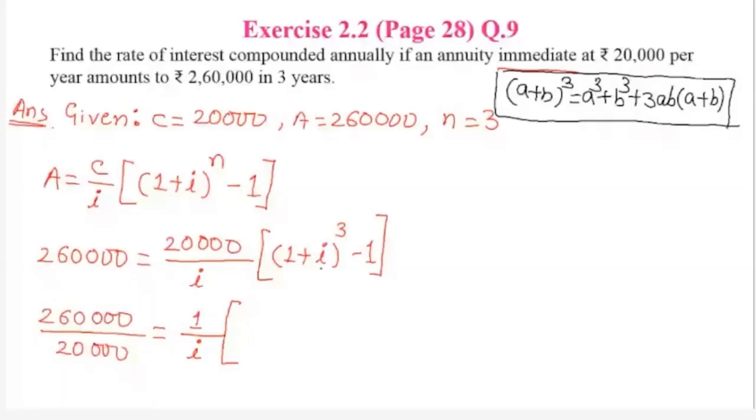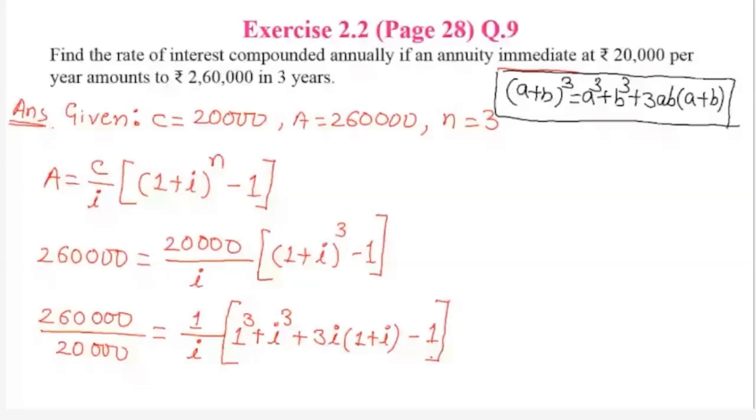1 plus I bracket raised to 3. So 1 raised to 3 plus I raised to 3 plus 3AB, that is 3I, in bracket 1 plus I, minus 1. Clear?